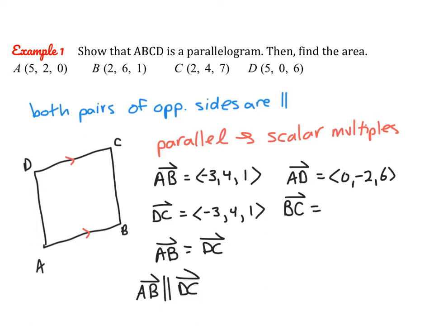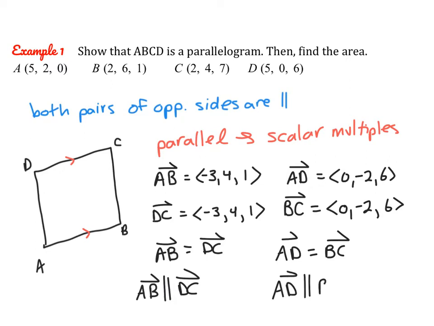Now for BC, I'm using C as my terminal point. 2 minus 2 is 0, 4 minus 6 is -2, 7 minus 1 is 6. Once again, we have shown that AD and BC are scalar multiples, and that allows us to conclude that the 2 vectors are parallel.